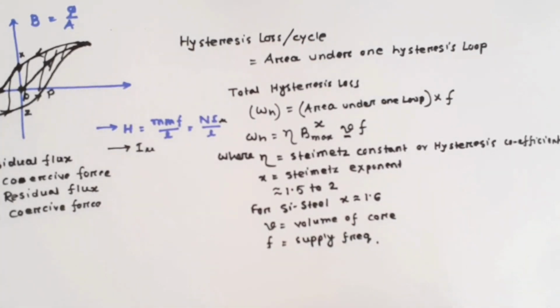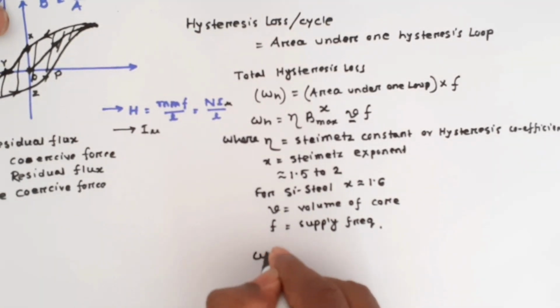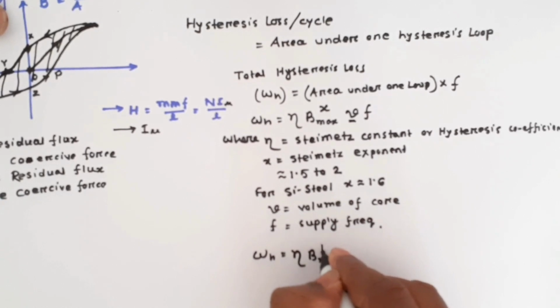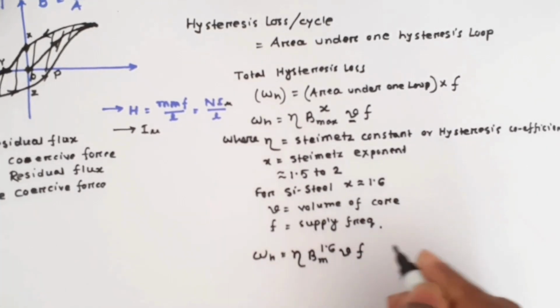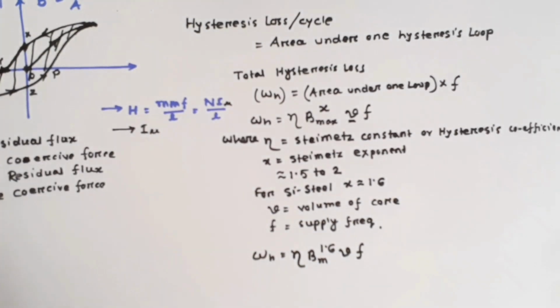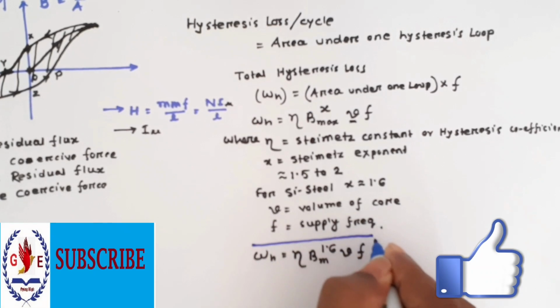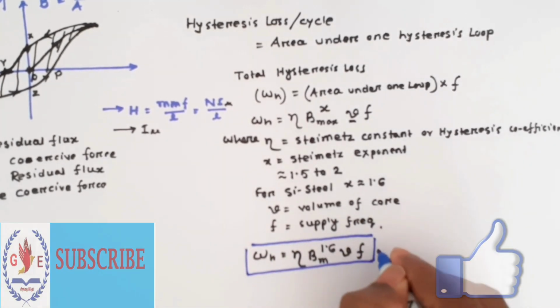Therefore, we can write the hysteresis loss W_H equal to hysteresis coefficient into B_m, maximum flux density, to the power 1.6 into volume of core into frequency for silicon steel. This is the hysteresis loss for silicon steel.